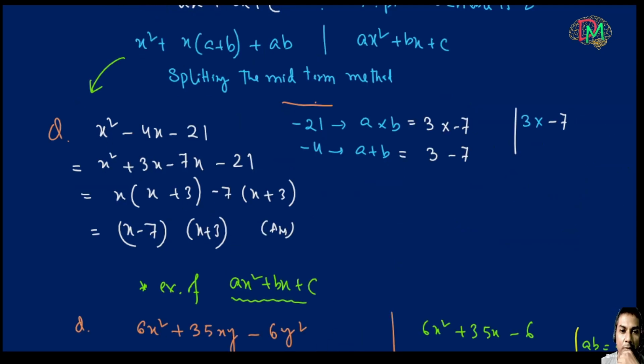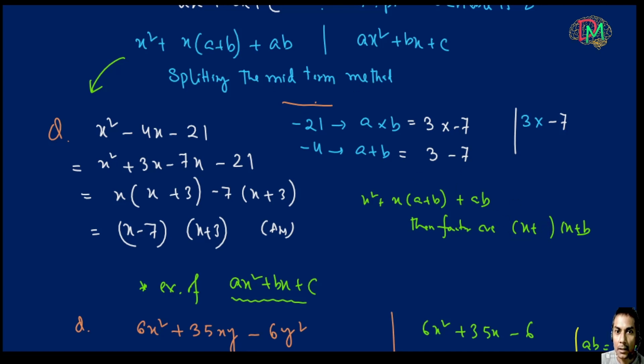One thing you must remember: if the format is x square plus x into a plus b plus ab, then the factors are x plus a into x plus b. This is the shortcut actually.